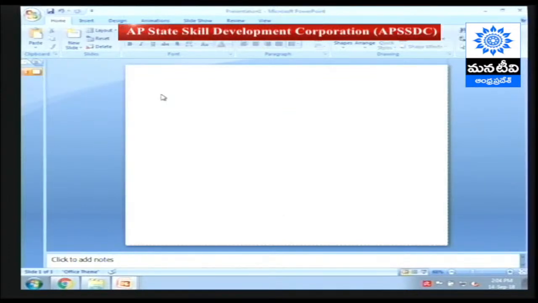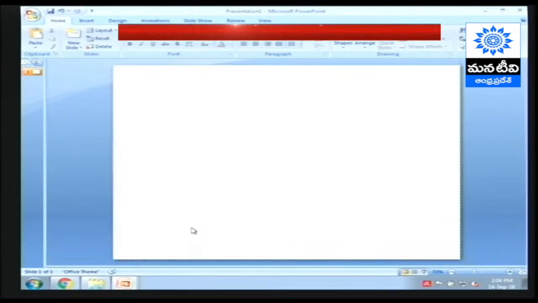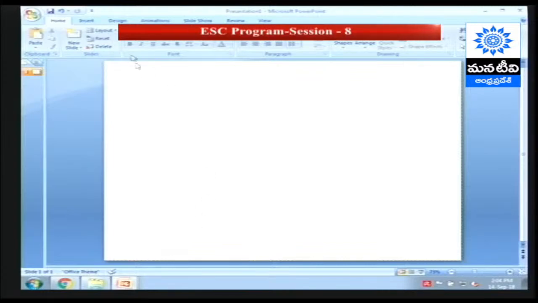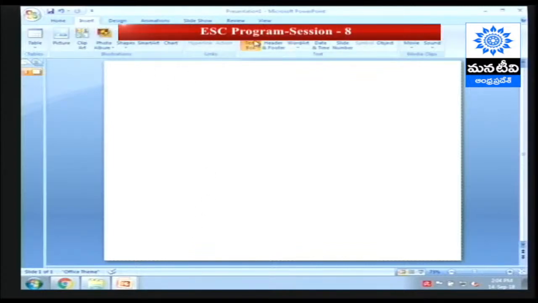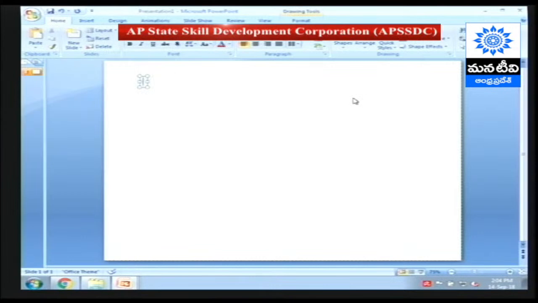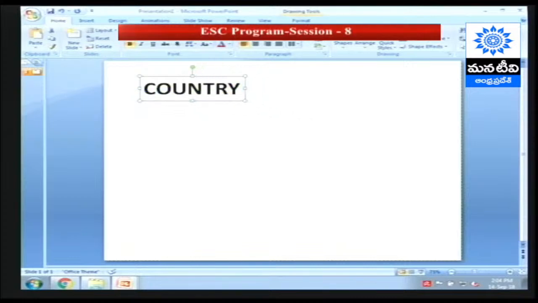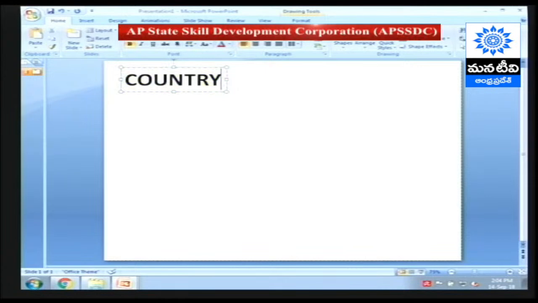Let me expand this a little bit so that you can see it clearly. Alright. Take for example, I have a word which is country. Now, how many consonants do I have?